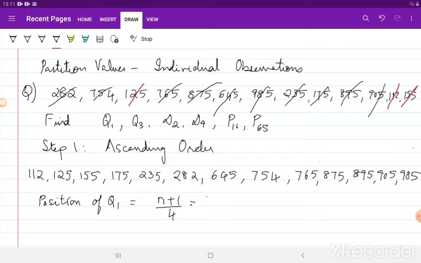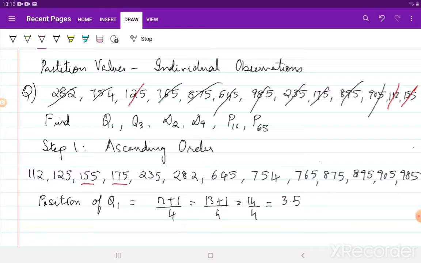So you have (13+1)/4, which is 14/4, which is 3.5. So what this means is that your Q1 value will be between the third and the fourth number, that is between 155 and 175.